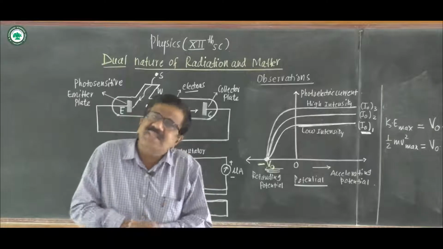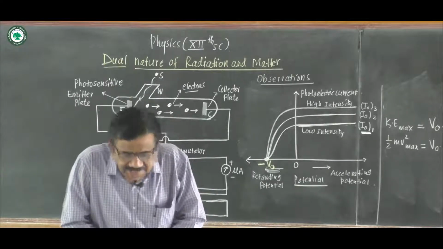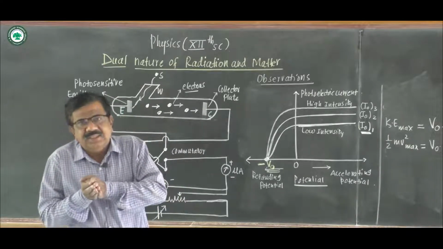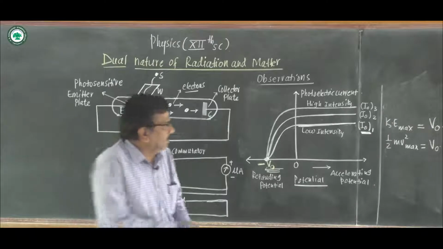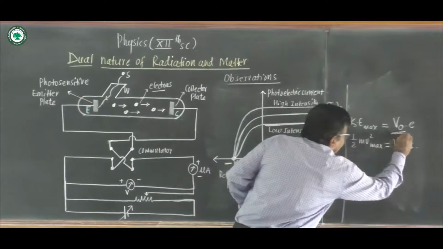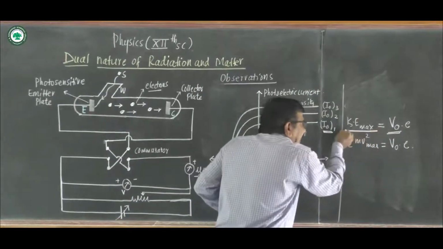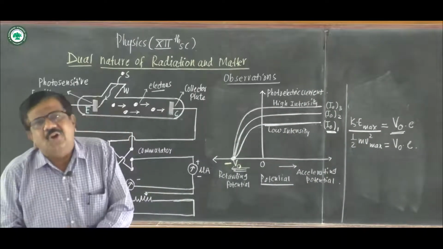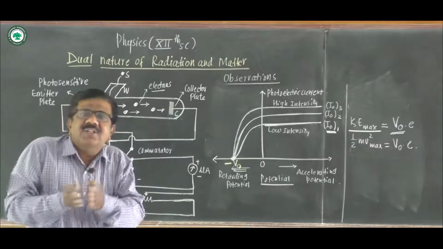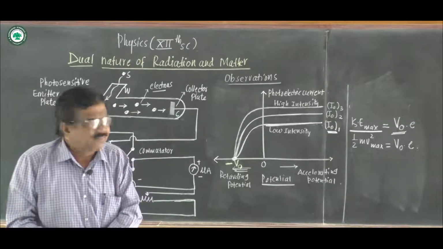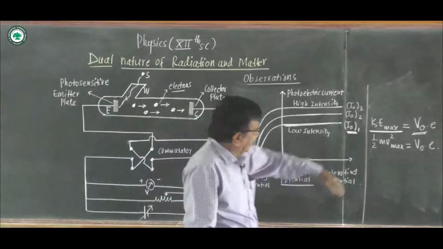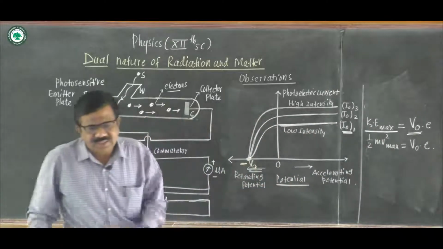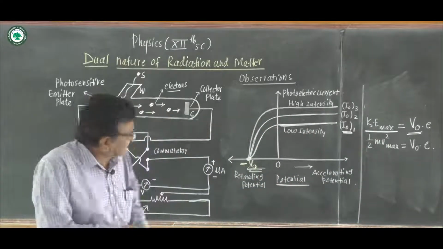Hence for a given frequency of incident radiation, the stopping potential V0, and hence the maximum kinetic energy of photoelectrons, are independent of intensity.